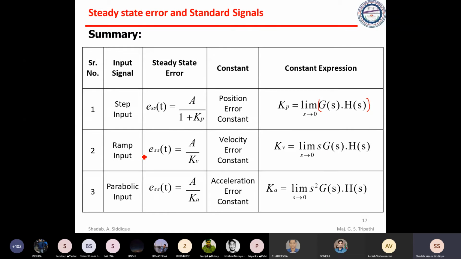For a step input, ESS is A divided by 1 plus Kp, where Kp is the position error constant, which is the limit as s tends to 0 of G(s)H(s). For a ramp input, ESS is A divided by Kv, the velocity error constant, which is the limit as s tends to 0 of s into G(s)H(s). For parabolic, ESS is A divided by Ka, the acceleration error constant, where Ka is the limit as s tends to 0 of s square G(s)H(s).